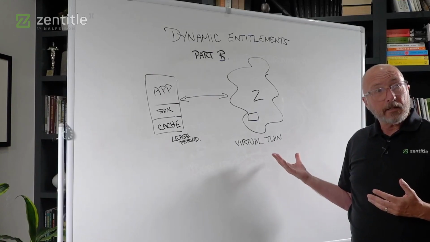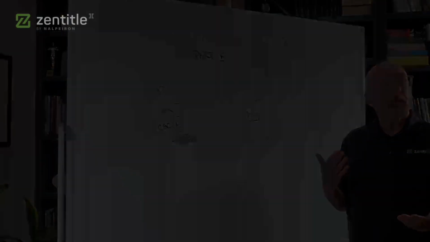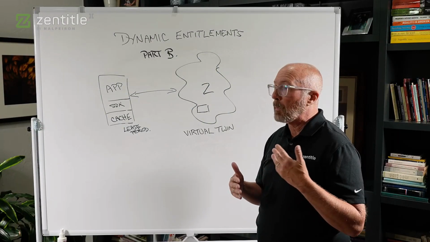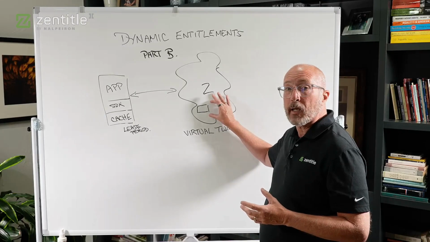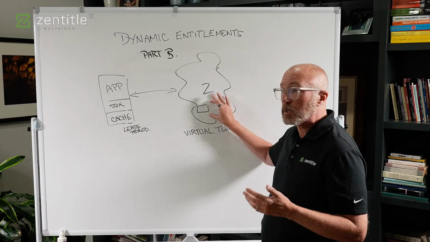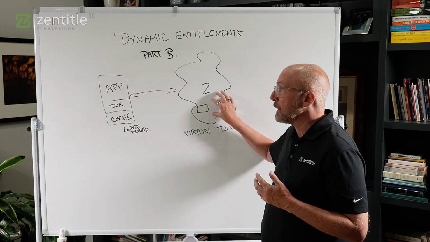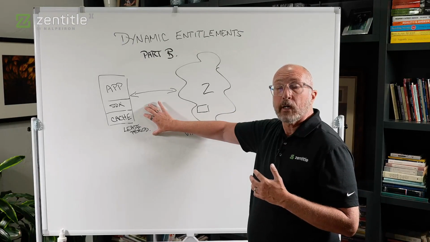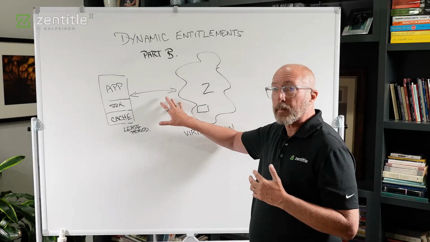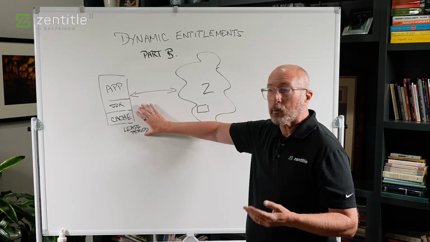The other thing that dynamic entitlements gives you the ability to do is, when a customer is upgrading a license or extending a subscription or whatever changes that they may want to make, upgrades, cross-grades, renewals, and so forth, as soon as you make those changes in the Zentitle cloud, the customer can force a refresh of those license rights directly from the cloud, perhaps through a gesture within your application, license refresh, what have you.